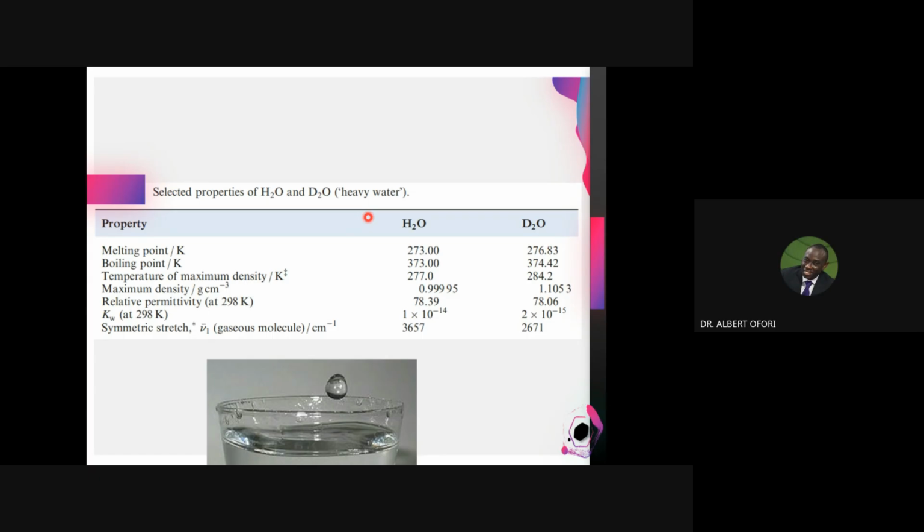Well, we know that hydrogen can lose an electron, hydrogen can gain an electron, so it can become +1, and then can also become -1. So we call it the hydride, then the proton.